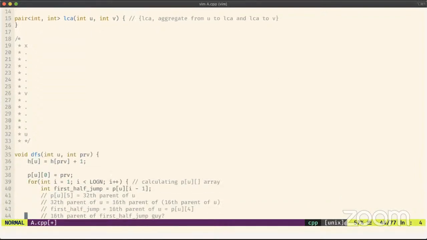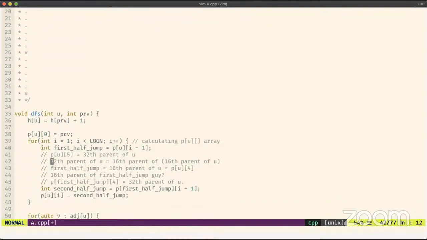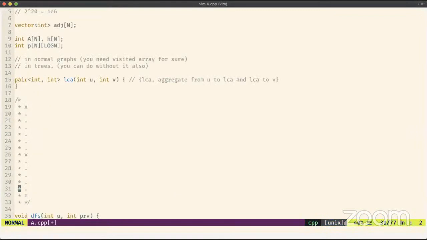That will come out to be V, which is p[u][4]. Then the 16th parent of V will be X. So I jump 16 steps up using p[u][4], and then from V, I again jump 16 steps up to get X, which is p[v][4].